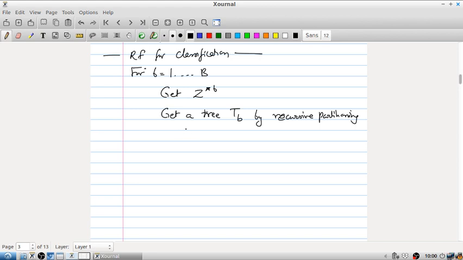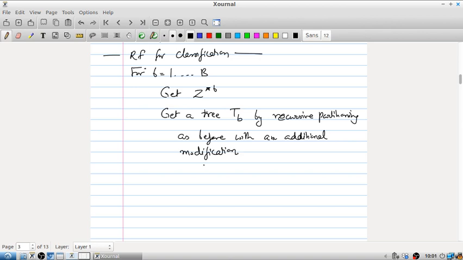Recursive partitioning as before, but you do one thing at each split, with an additional modification.